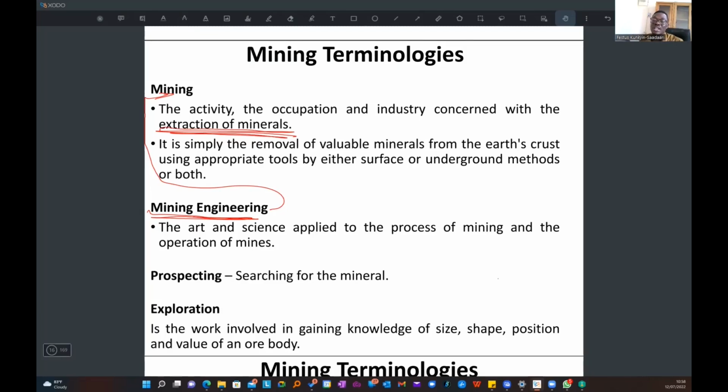You have been able to tell that, okay, we have quarry, we have mining engineering, they are all mining. But at the end of the day, one ends at quarry, the other ends at crushing, the other continues to do processing and whatnot. And if you then proceed to apply this knowledge on how you can better achieve your mineral of interest, you are doing mining engineering. So it is an art and science.